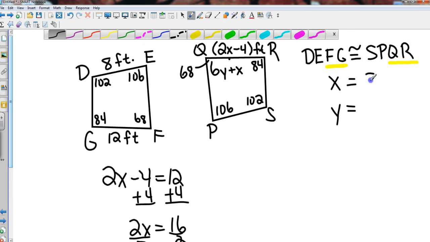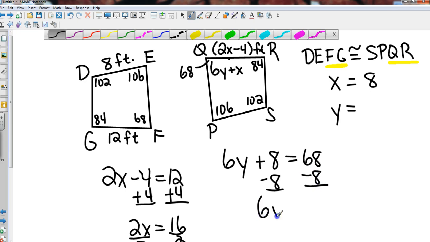Now, that's going to help me find angle Q because I know that angle Q equals 68 degrees. So if I take 6y plus my x value, which I just found is 8, and set that equal to 68 degrees, there's my good friend algebra again. We're going to subtract that from there.